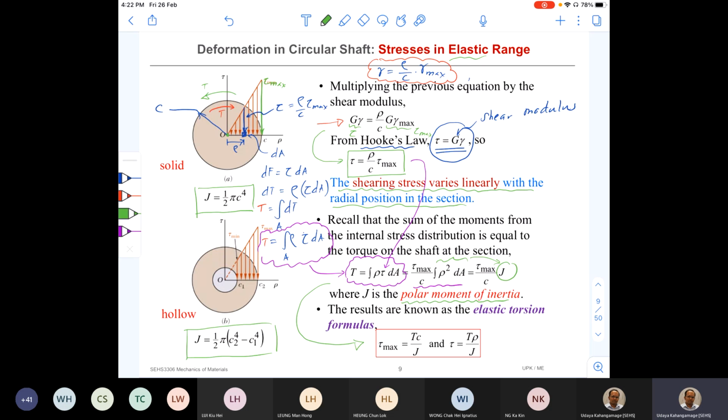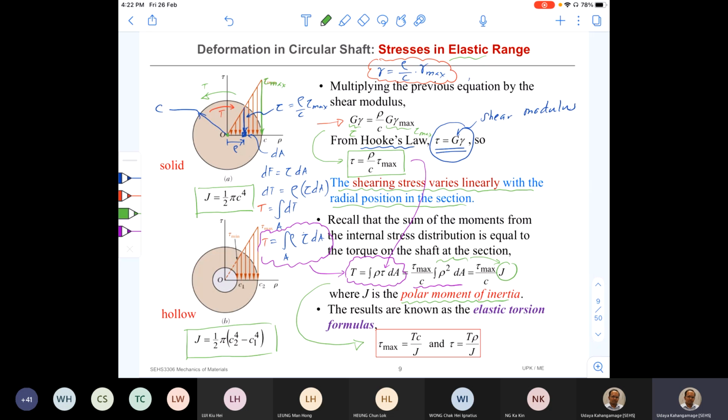This is a very important equation, because when it comes to designing something, we always need to find the maximum internal stresses generated. Once we apply a twisting moment, a torque, it creates a shear stress, and that shear stress is the highest at the outer surface. At the center of the circular bar, shear stress is 0.